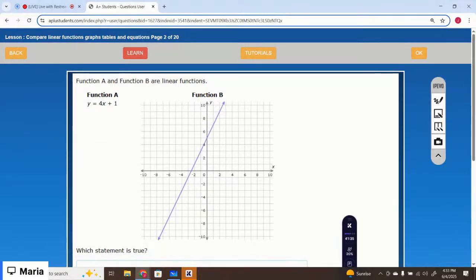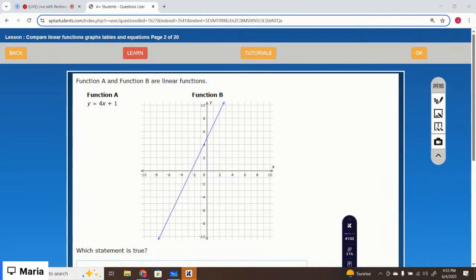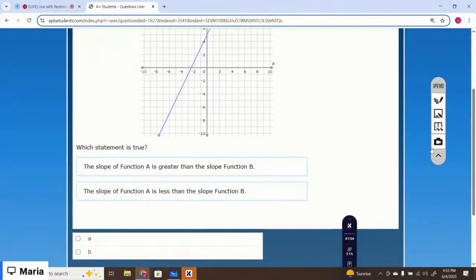The slope of function A is 4 and the slope of function B is 2. So that means the slope of function A is greater than the slope of function B. Option A is the correct option.